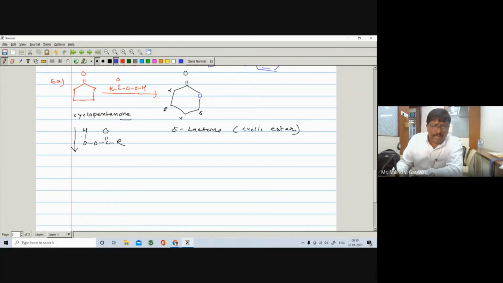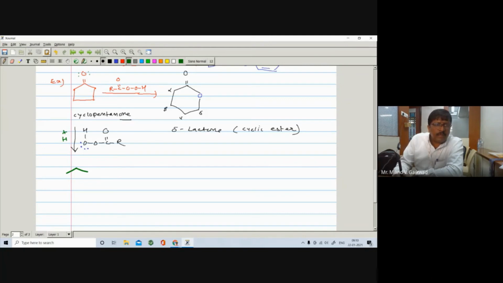I will write this lone pair like this, and your 2 lone pairs. Here you have different possibilities. The reaction takes place in the presence of acid. Oxygen has the 2 lone pairs, and the lone pair undergoes protonation to give such a product.